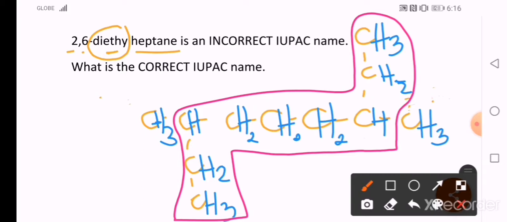So how many carbon atoms are there in this longest chain? So we have 1, 2, 3, 4, 5, 6, 7, 8, 9. There are 9 carbon atoms. So therefore, the name of the parent chain is, sorry, okay, so saan ba natin susulat dito?